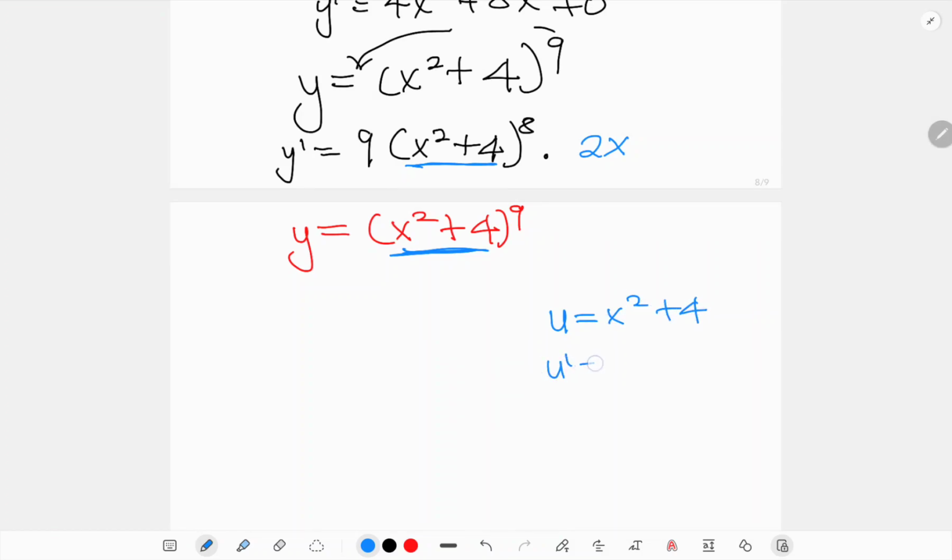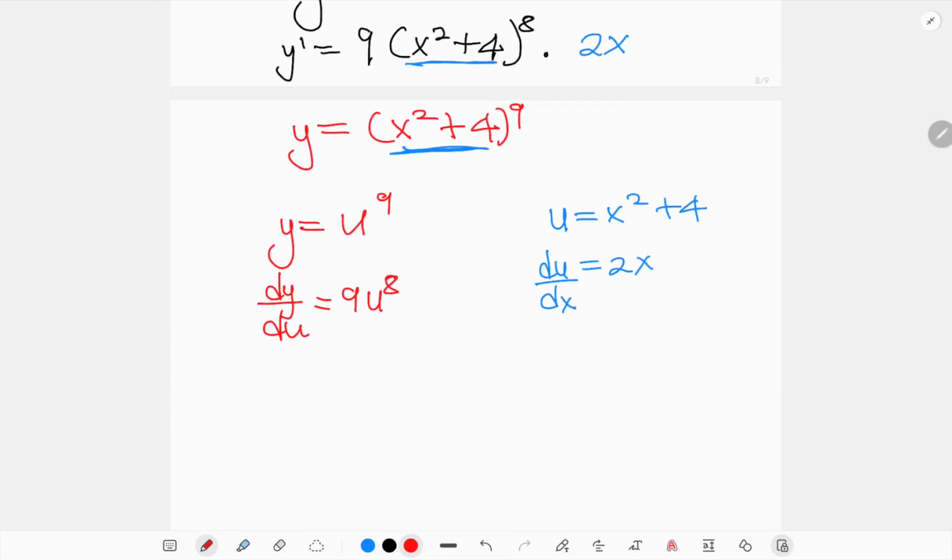What is our u prime in this case? It's just 2x, right? Or actually, let's not use u prime, let's use du over dx. It's still the same thing. But what is our y? If we make this to be u, our y will become u to the 9, right? So dy over du becomes 9u to the 8, right?